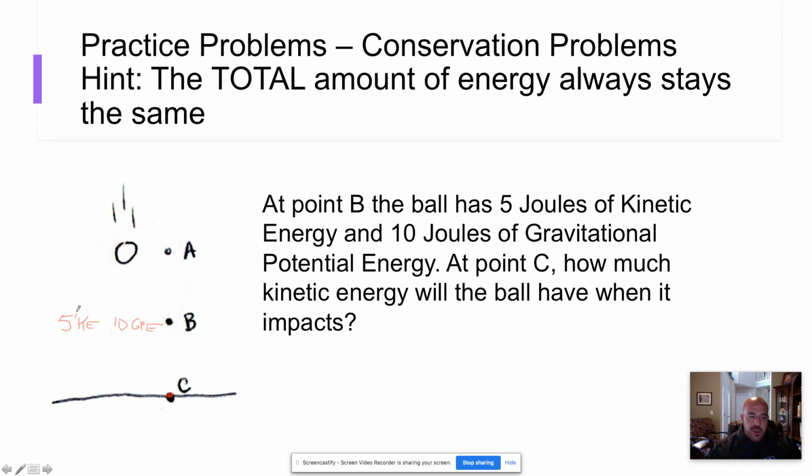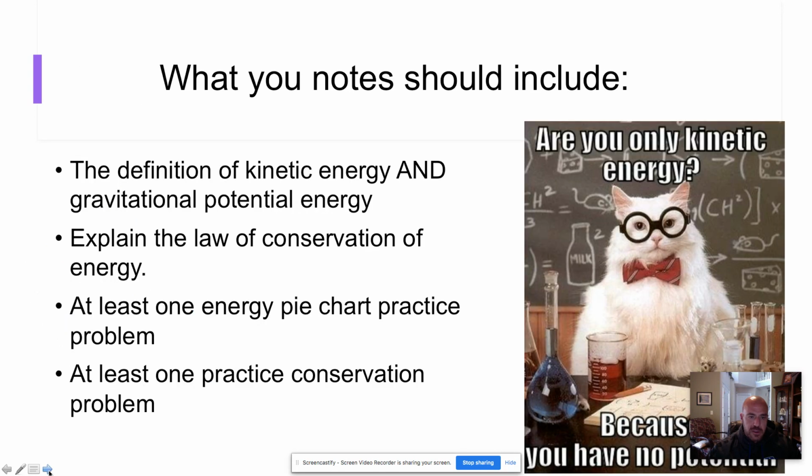First, what's our total energy? 5 plus 10 is 15 total. At the top, it starts with 15 because we must have 15, and it's not moving yet, so it's all gravitational potential. At the bottom, it's no longer in the air, so it's all kinetic, and since our total number stays the same everywhere, it's 15. Again, total always stays the same.